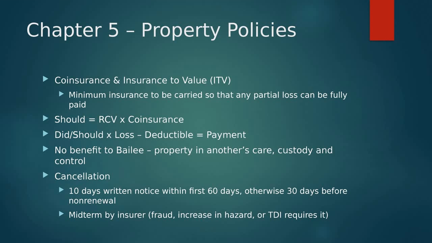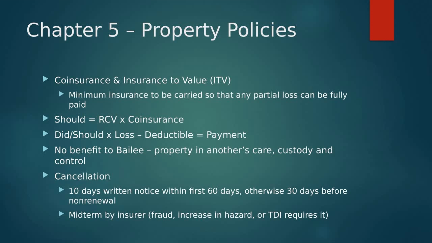As a second example, if there was a total loss, $100,000 would be the loss, but the amount paid out would be the maximum that could be paid, which would be $40,000.